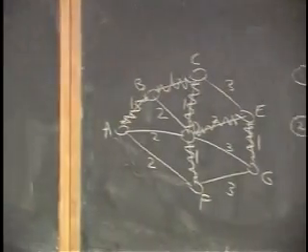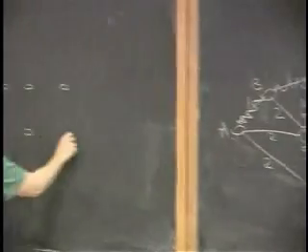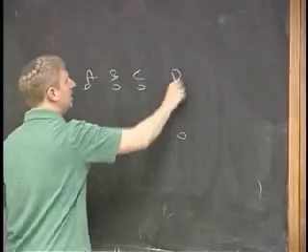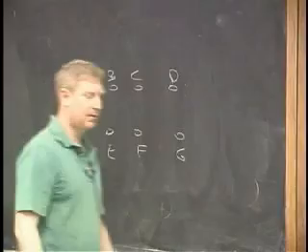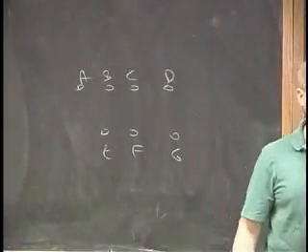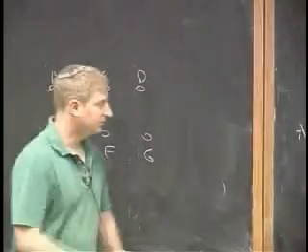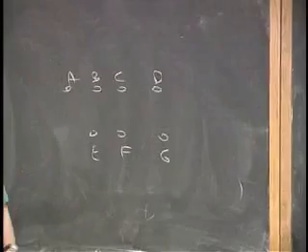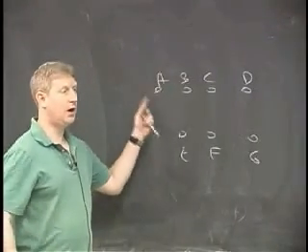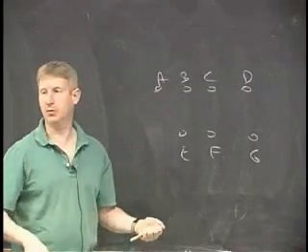Let's go back to the beginning of this problem. At the beginning, we're going to imagine that we have A, B, C, D, E, F, G all sitting around like this. In other words, 7 separate subtrees. And every time we get an edge, say AB at the beginning, we look up and we see, are A and B in the same group, or are they not in the same group?